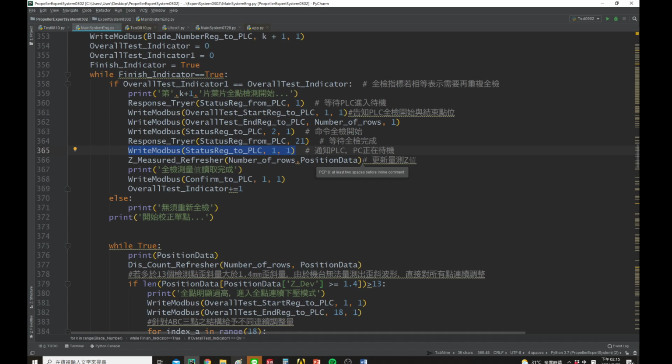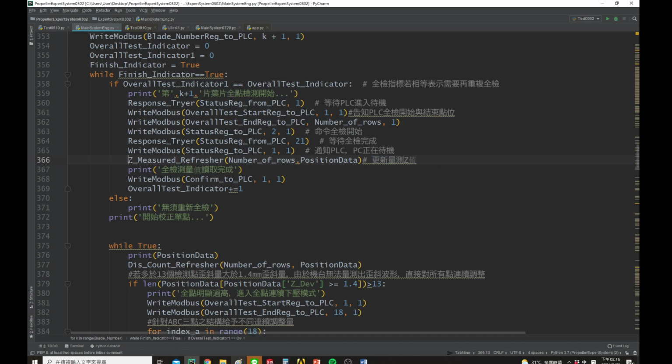Now the registers in the PLC record the distribution of deviation. We use this function, z measure refresher, to update the measured value of the machine.